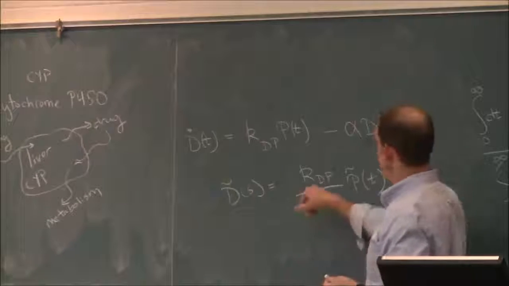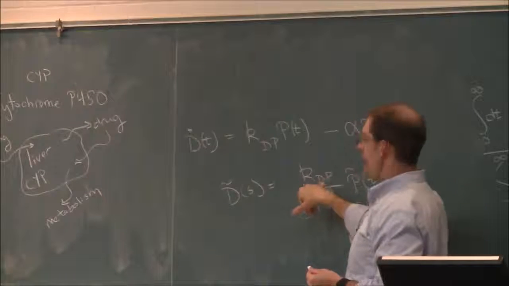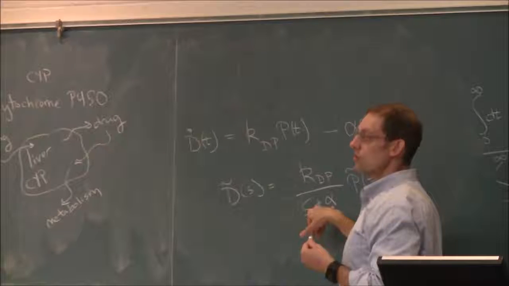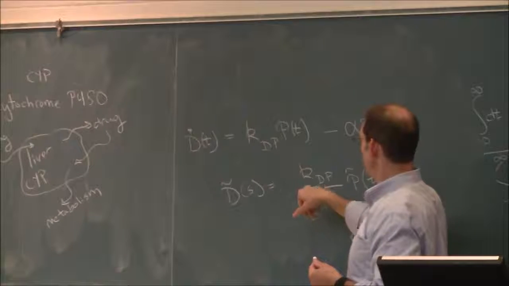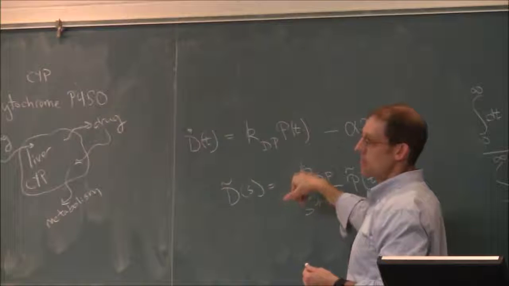And then we'd have genetic variation in this rate constant k prodrug to drug and genetic variation in the degradation rate alpha. And typically the genetic variation causes these rates to be smaller.